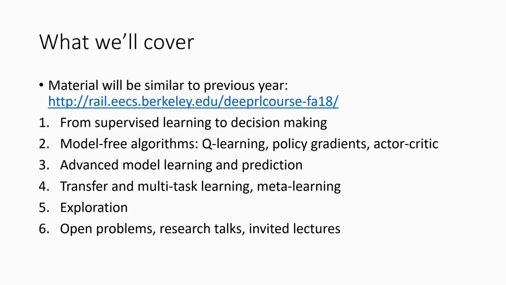We're going to cover more modern, sophisticated topics like transfer learning, multitask learning, and meta-learning towards the middle of the course, as well as algorithms for exploration. And then in the second half of the course, we're going to go to more advanced, researchy topics where I'll give a few lectures on current cutting-edge techniques, and we'll also have invited talks from researchers in the field who will tell you about their own ongoing work.